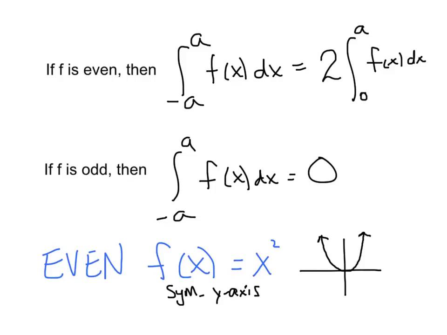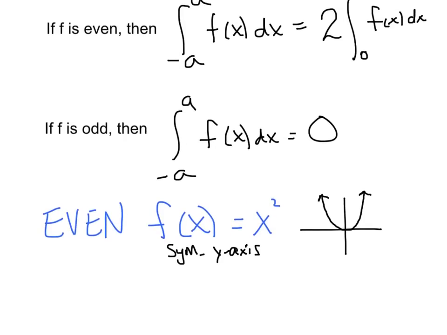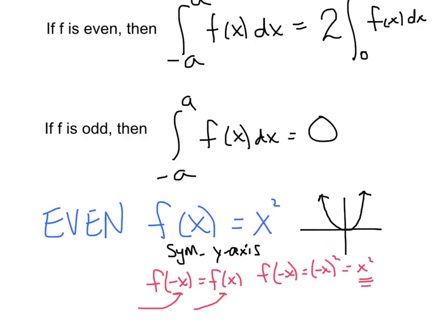Now, let's just review that rule for even functions from our pre-calc days. We said if f of negative x equals f of x, you have an even function. So if you substitute in negative x and you get the original out, you know your function's even. So let's play that game with this function. If I say f of negative x equals negative x squared, I get x squared, which is my original function.